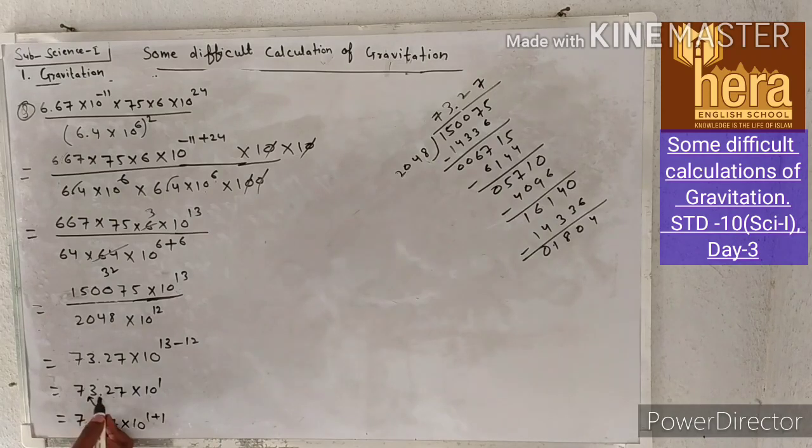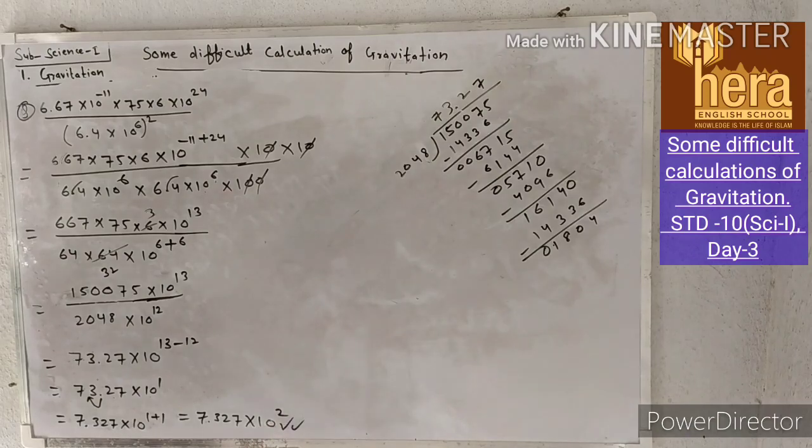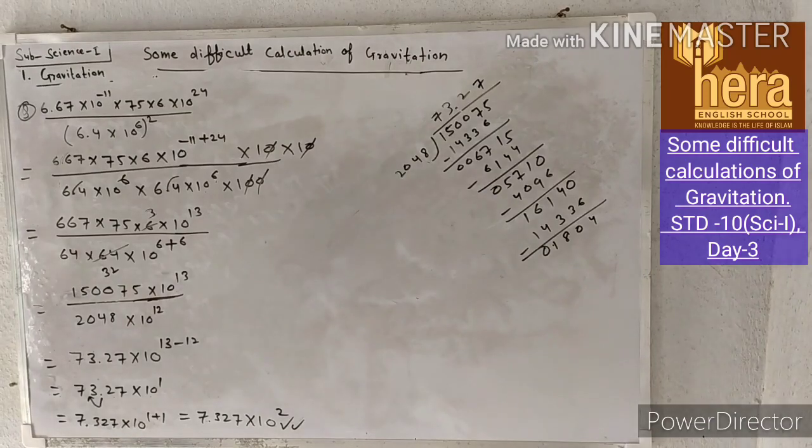Since you have shifted one digit from right hand side to left hand side, we have added 1 here. So this will be equal to 7.327 into 10 raised to 2. Now this is in scientific notation. I hope you have understood how you can write a number in scientific notation.